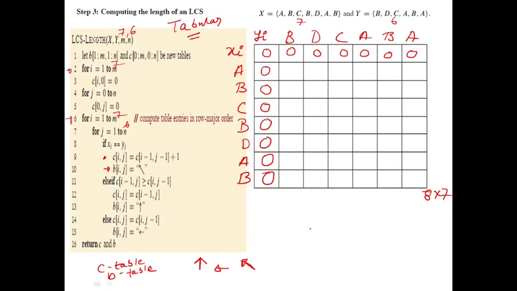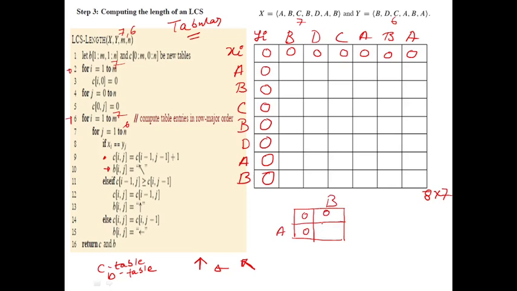Whenever there is a mismatch, let's say this is A and this is B, and already you have 0 0 0.